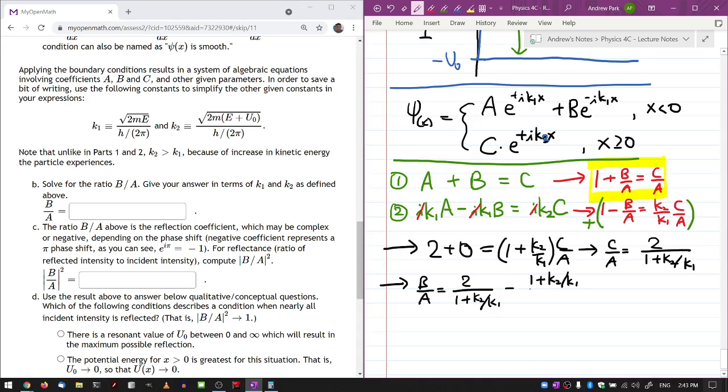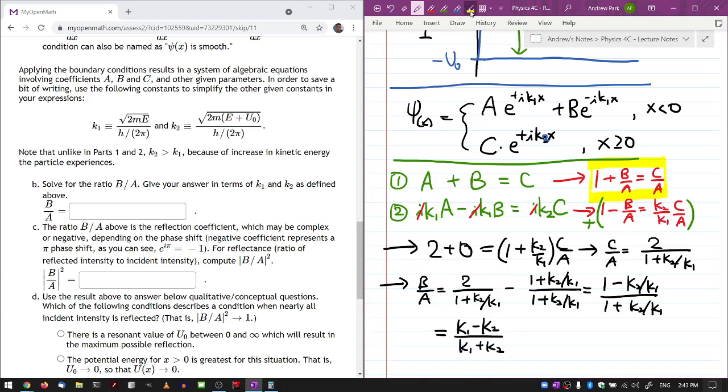I think I've done all this before. Nothing algebraically has changed, so let me just finish this and we'll see what has changed. 2 minus 1 is 1, minus k2 over k1, and the denominator is 1 plus k2 over k1. I can simplify this a little more by multiplying top and bottom by k1. I have k1 minus k2 over k1 plus k2.